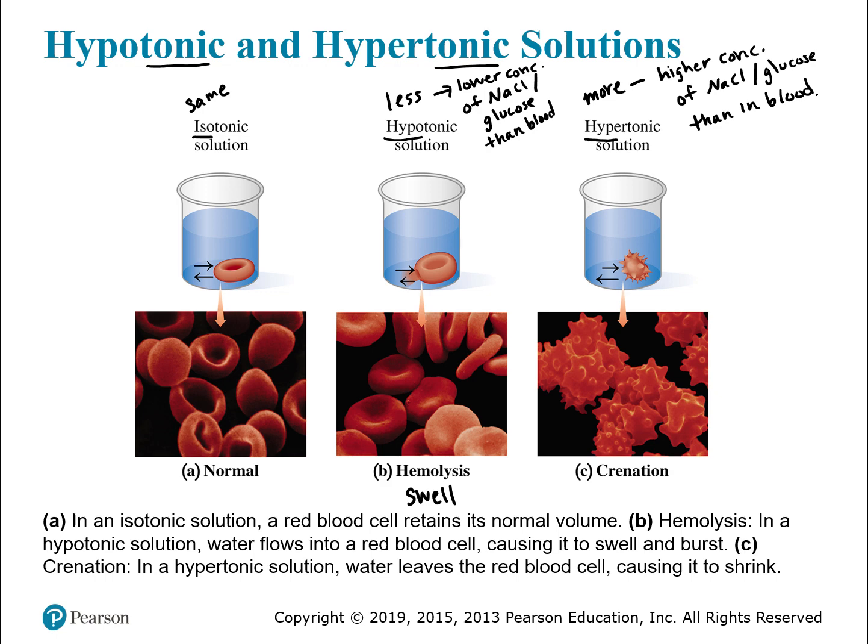And that's when the water inside of the red blood cell is leaving to try to balance out that higher concentration on the outside. Your blood cells will shrink, which is equally terrible. So remember these concentrations from the previous slide, and then the idea of isotonic, hypotonic, and hypertonic when it comes to red blood cells.